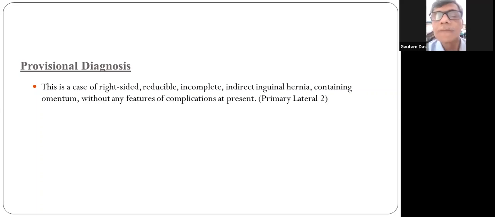Then your left hand will direct the swelling towards the inguinal canal. Okay. So it is reducible, and then you can test the cough impulse again. So it is a hernia.